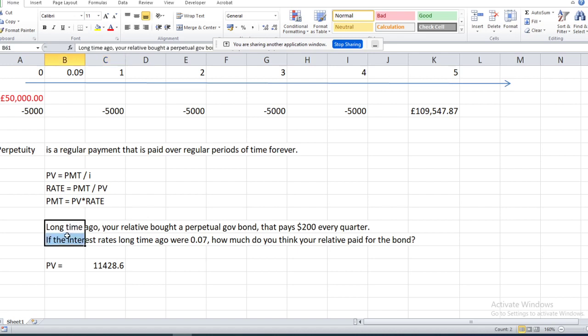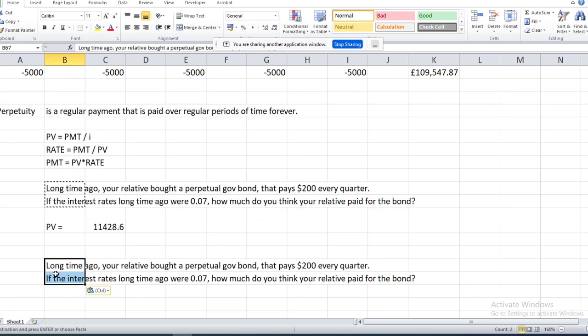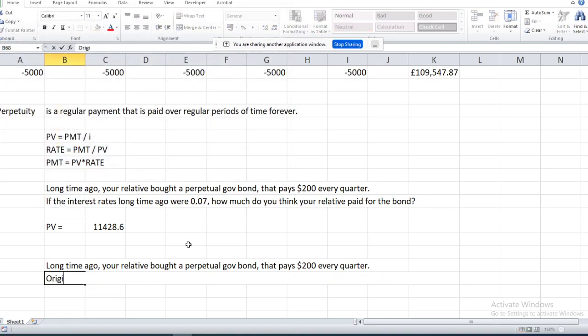Okay, let's have a similar example where we change the question. The original investment was, let's say, 15,000, whatever. How much was the interest rate a long time ago?